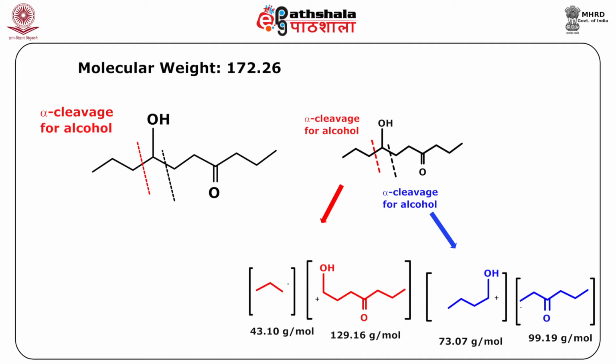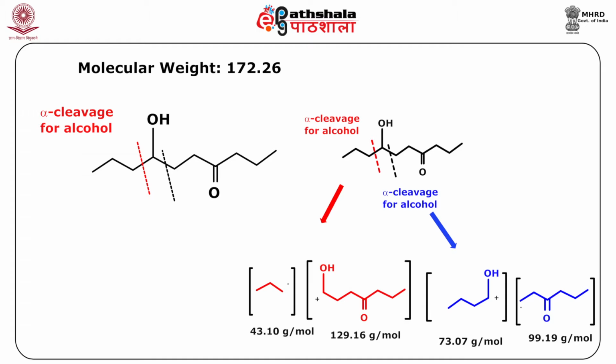Here students, you can see that we have shown you the alpha cleavage for alcohols in red dotted lines, which gives rise to various fragments: one of molecular weight 43.10, that is a radical, and a cation which carries the hydroxyl group as well as the ketonic group, 129.16 molecular weight, and the others are 73.07 and 99.19 fragments, that is the alpha cleavage for another portion of the alcohol which can go in the other side.